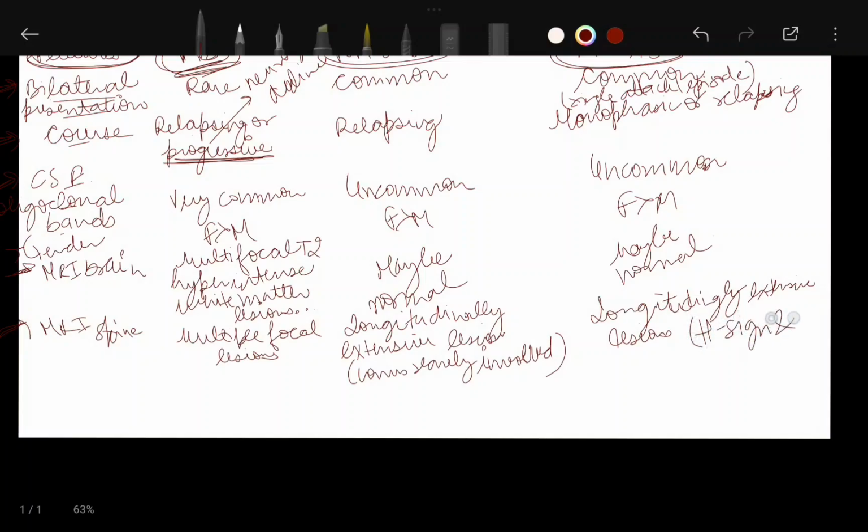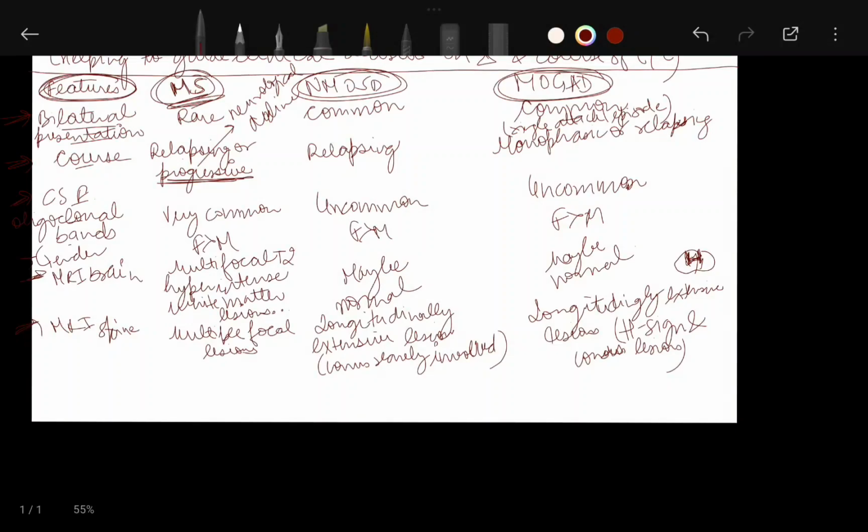The H sign is present, and conus lesions are there. Now what is the H sign? For the central part, it seems like an H is formed. Just like that.